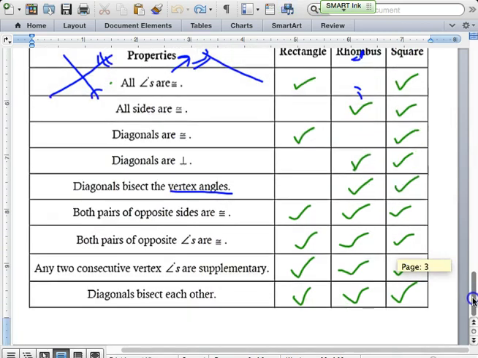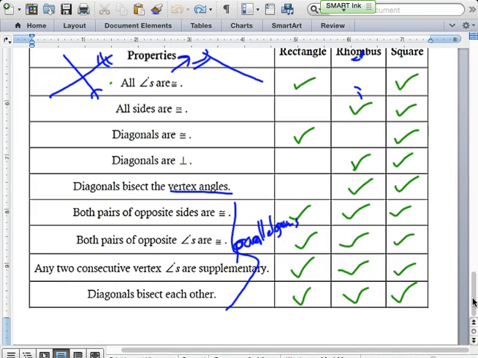And then the last few down here. These four are the properties that we already talked about yesterday for parallelograms. Since these are the four properties of parallelograms, those are true for all three shapes: rectangles, squares, and rhombi. Both pairs of opposite sides congruent, both pairs of opposite angles congruent.